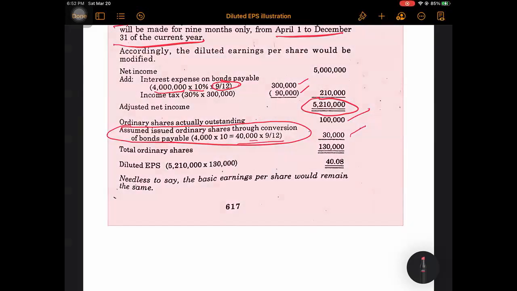Therefore, your average total ordinary shares to compute the diluted earnings per share is 130,000. Then you can now divide 5,210,000 by 130,000, so that is 40.08.